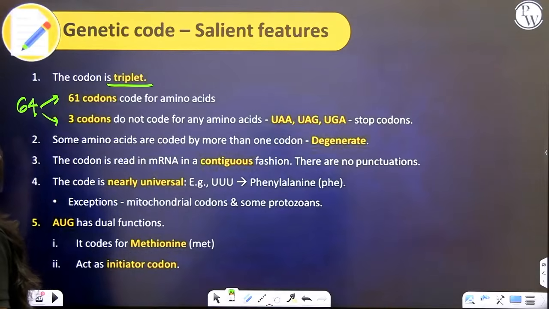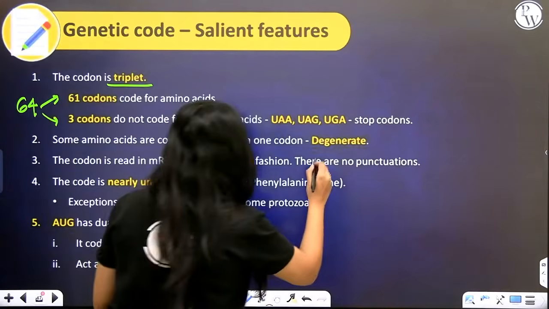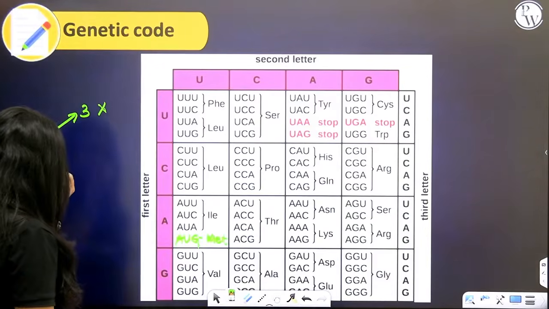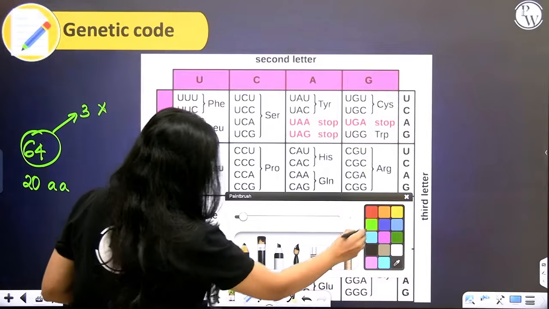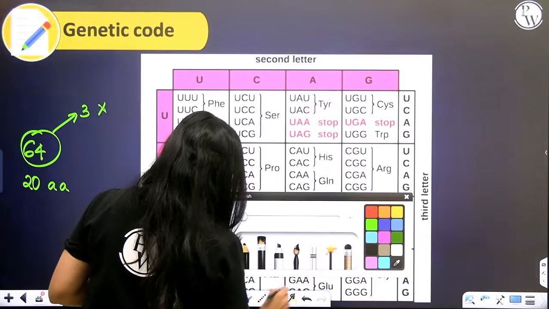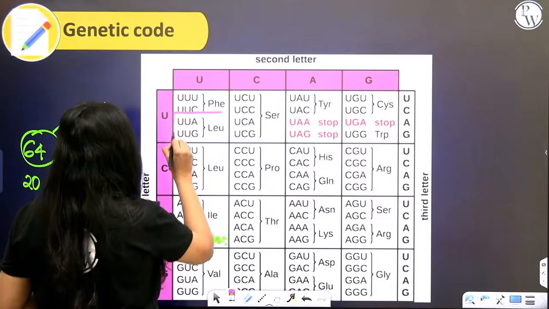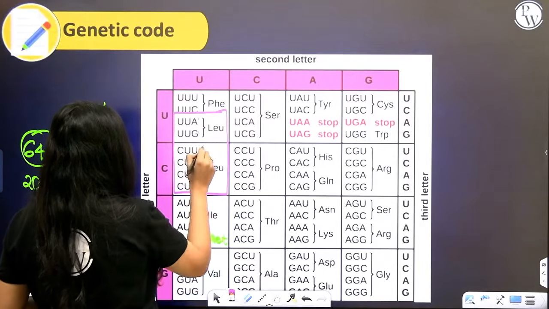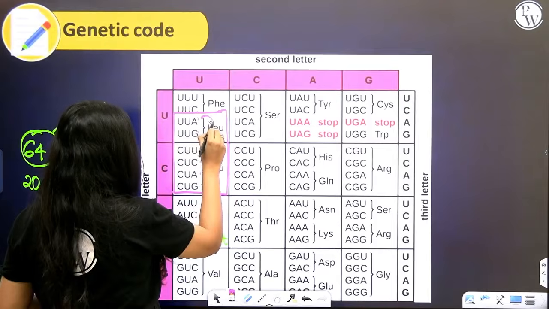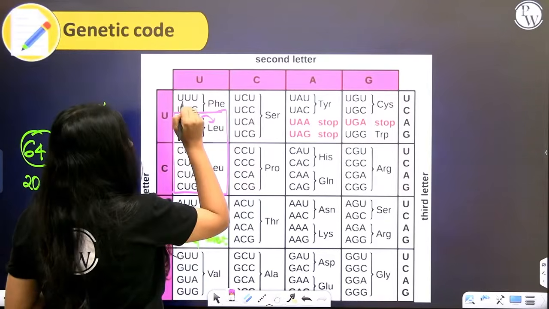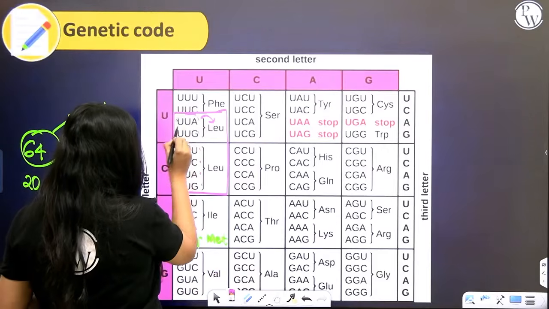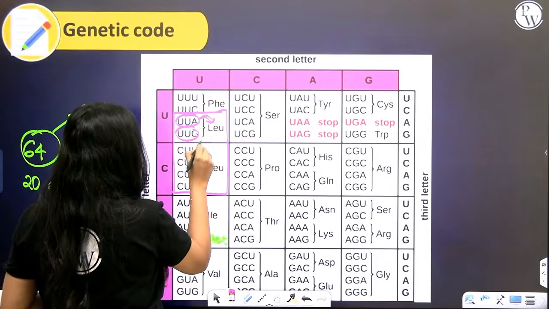There are some amino acids that are coded by more than one codon. That property is called degeneracy or degenerate. Here you can see clearly how leucine is coded for by 6 codons. 1, 2, 3, 4, 5, 6. All of these codons code for leucine. Leucine can be coded for by more than one codon, but these codons will always code for leucine itself.